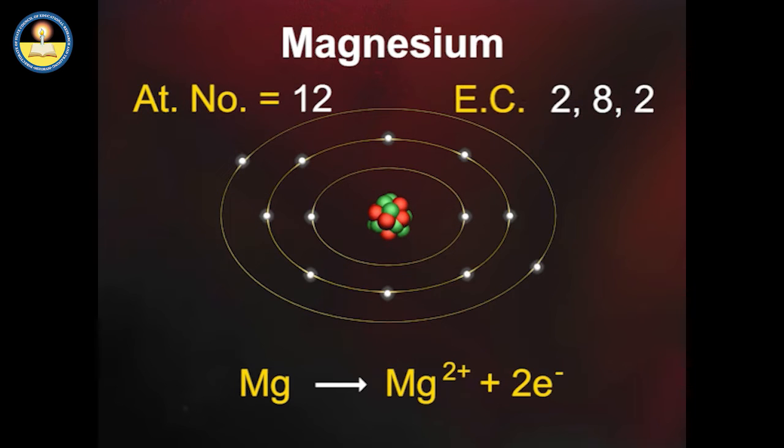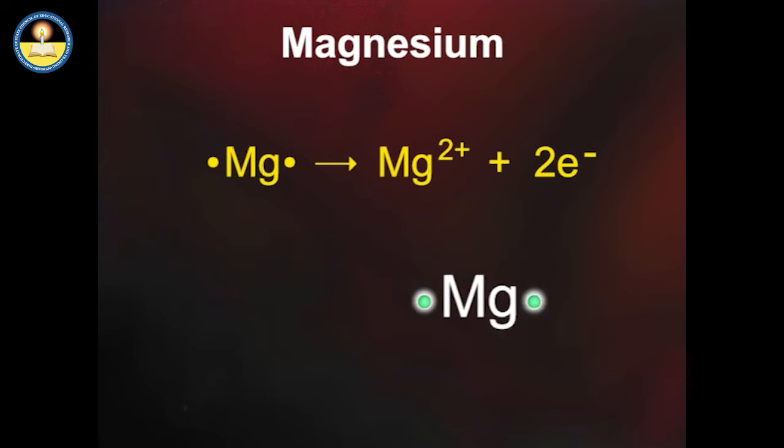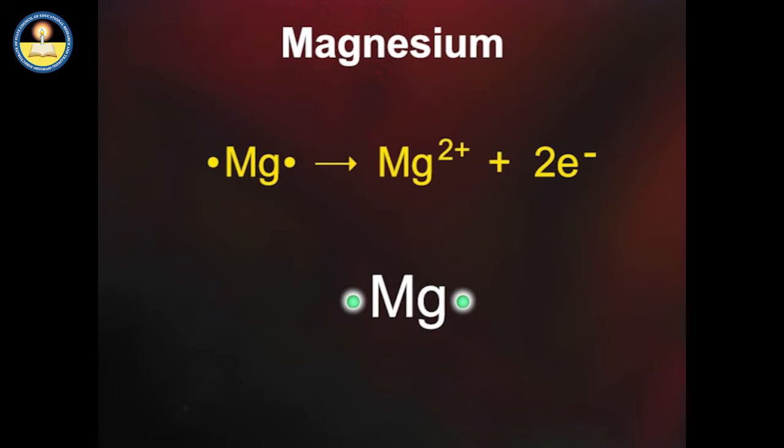Electronic configuration is 2,8,2. Lewis represented the process as is shown on screen. Magnesium loses 2 electrons to form magnesium 2+ ions. Here, the 2 dots represent the outermost electrons.